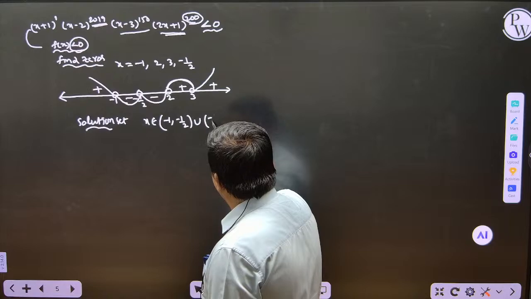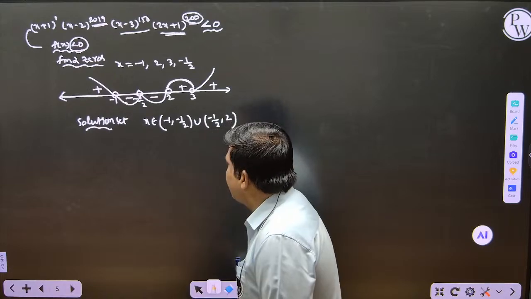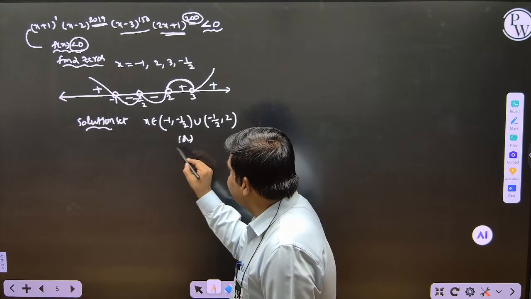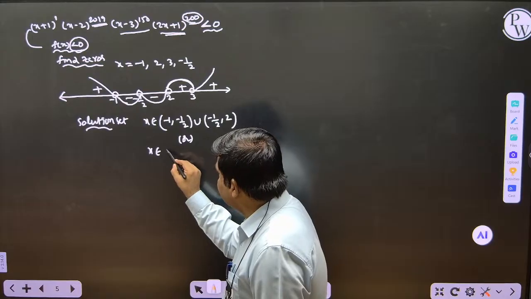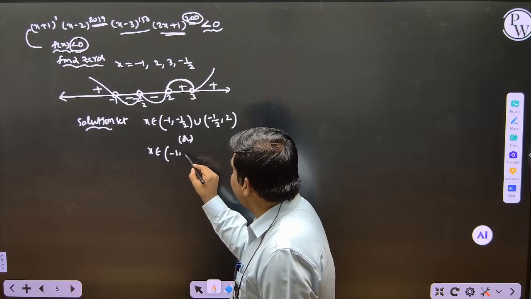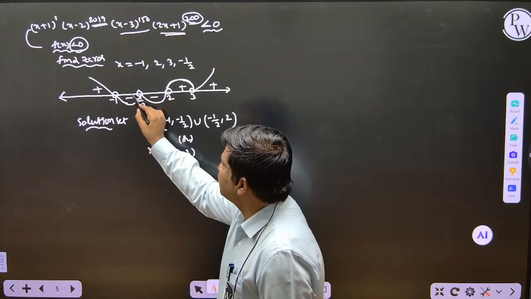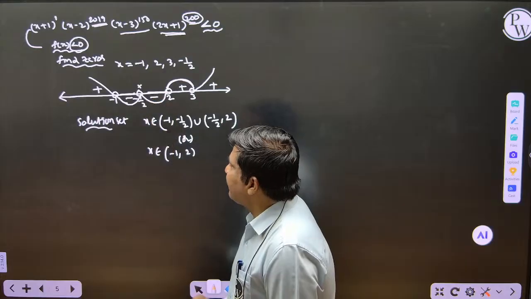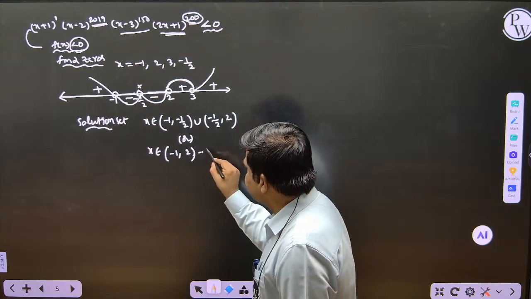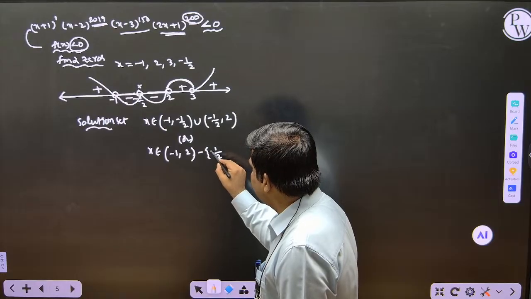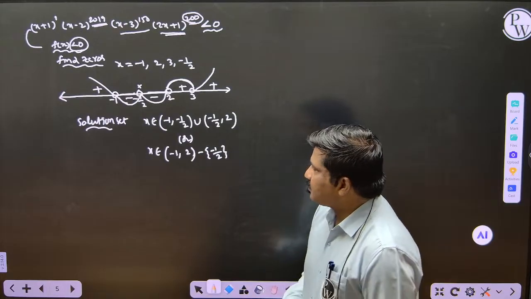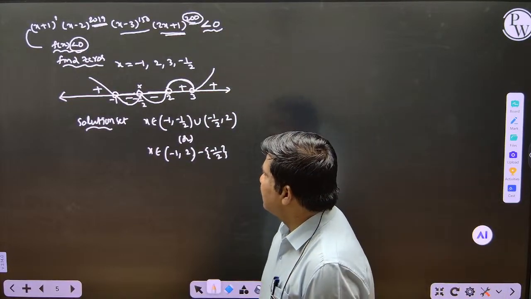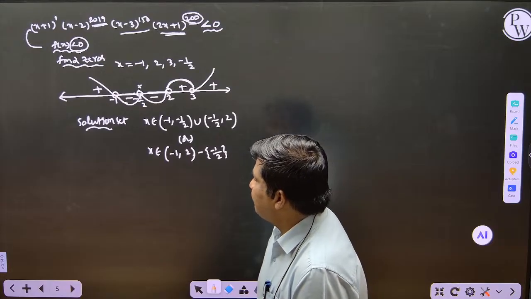Minus 1 by 2 to 2. Or this can also be written like this. How? x belongs to minus 1 to 2, the total minus 1 to 2 we can take, except which one? Except this minus half. So subtract minus half. This is the solution pattern.